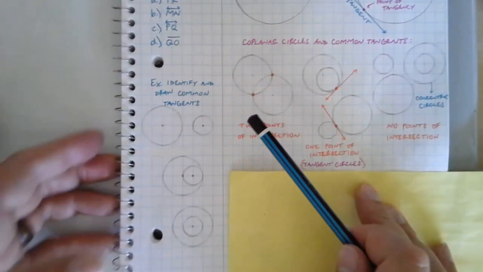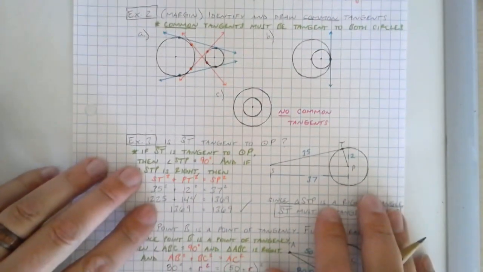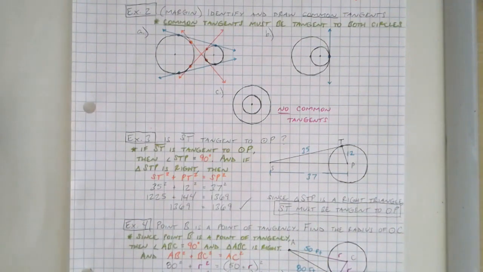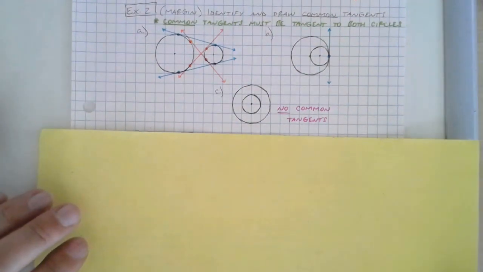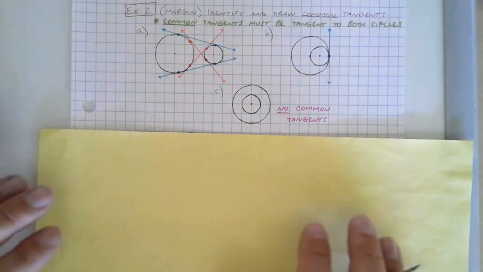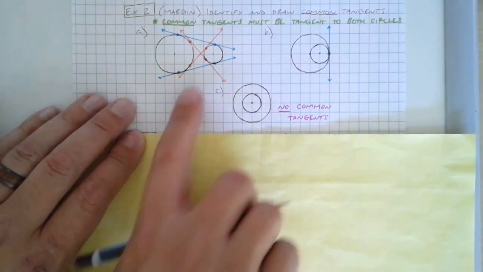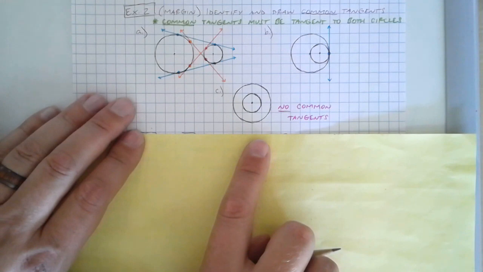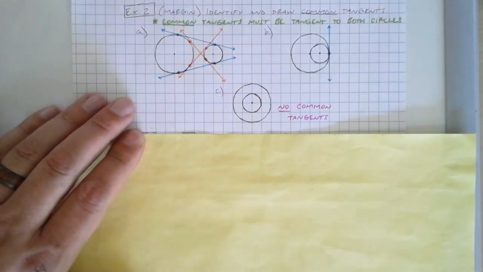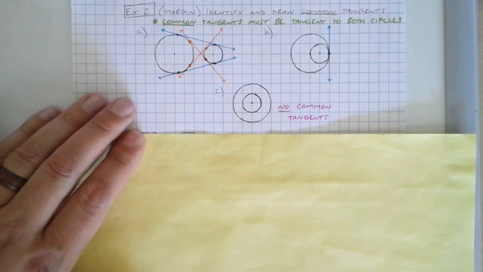So let me show you that really briefly. There we go. So this is that other margin example, the type of thing that you would see in big ideas. They'd give you a couple of circles and they'd be like, all right, identify the number of common tangents or draw them, whatever it might be.